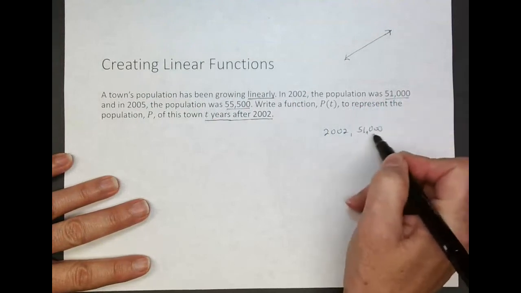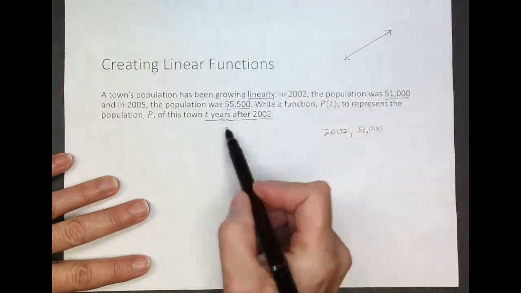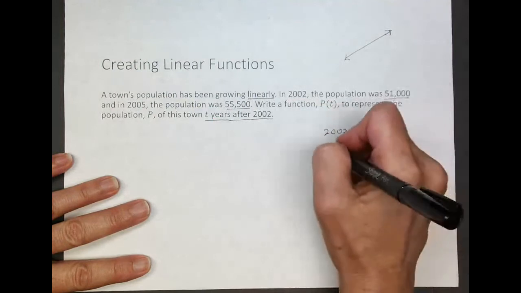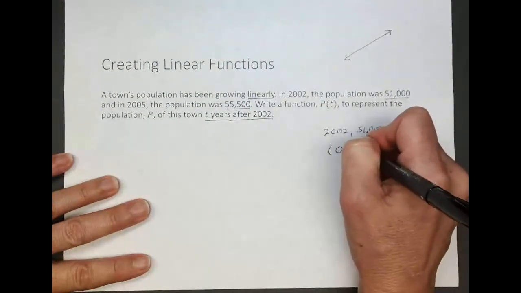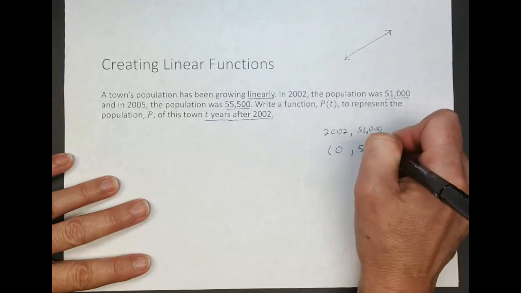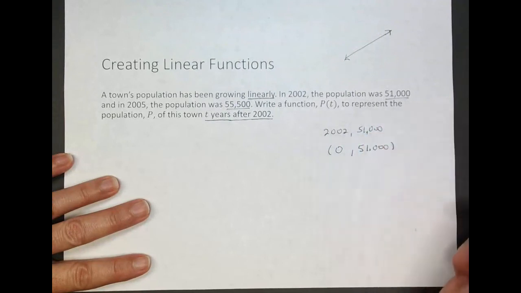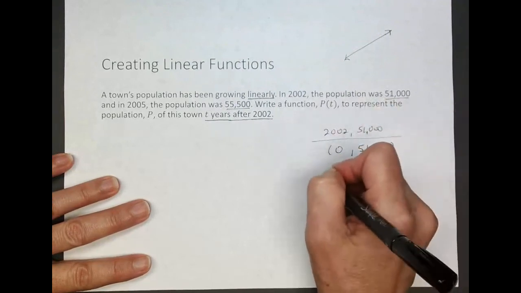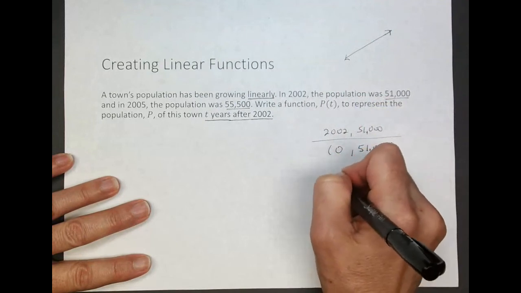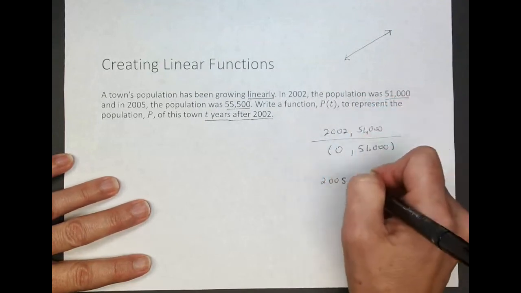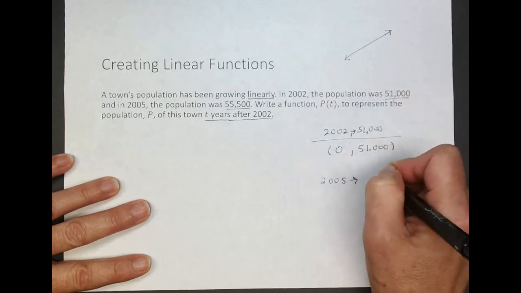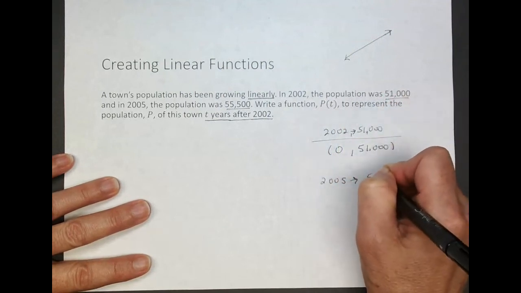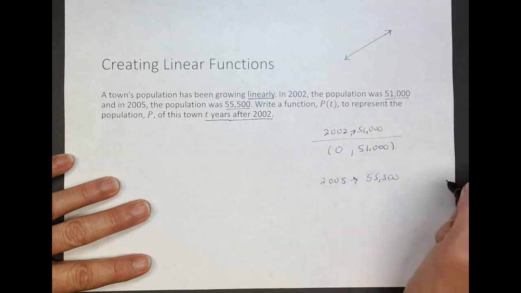But I don't want to make that an ordered pair because years are weird. I'm saying it's years after 2002. So I actually have an ordered pair here that I could call 0, 51,000. Right? I also know that by the year 2005, this population had grown to 55,500.